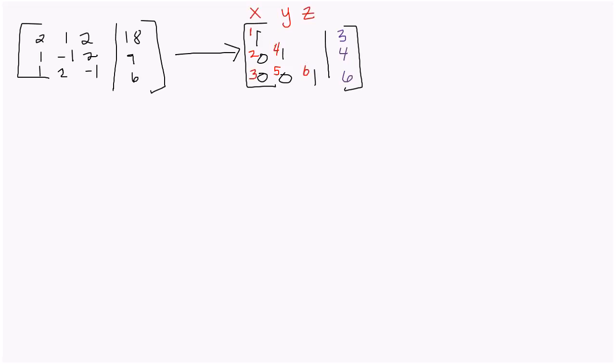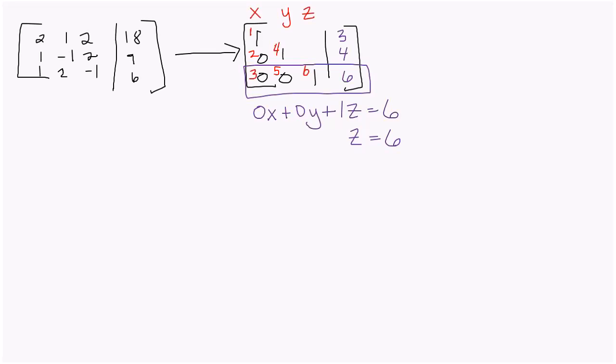Looking at this very last row, that's telling us that we have 0x plus 0y plus 1z is equal to 6. If I simplify this, I figure out that z is equal to 6.